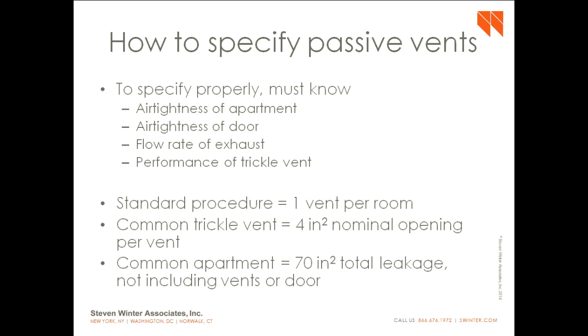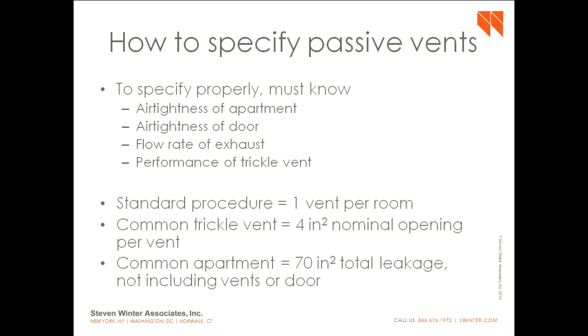So the standard procedure is to put one trickle vent in every room. Common trickle vents can range in size, but we see a lot of them that are about 4 square inches of nominal opening per vent. And if you compare that to a blower door test from a common one-bedroom apartment, it could have as much as 70 square inches of total leakage, not including the trickle vents or the door leakage.